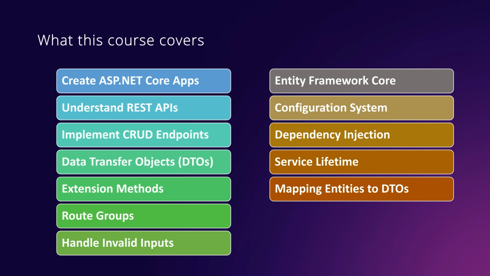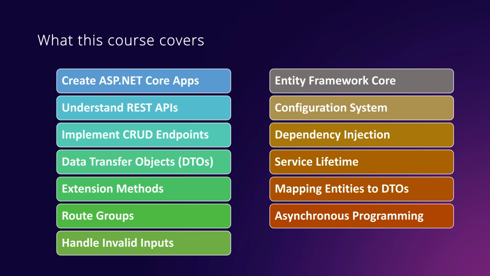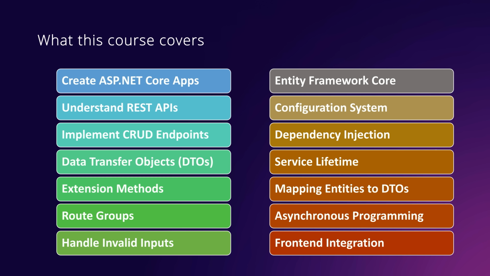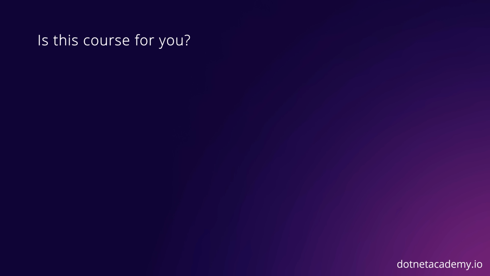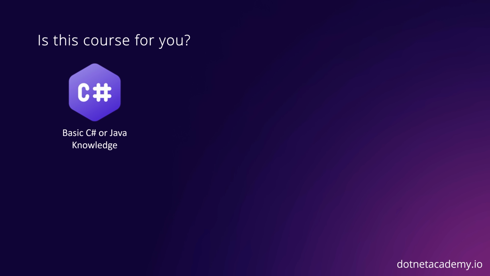You will complete your REST API implementation by introducing the asynchronous programming model, which will ensure your application uses the web server resources in the most efficient way. And to close, I'll show you how your REST API can nicely integrate with the frontend to light up a modern user experience.